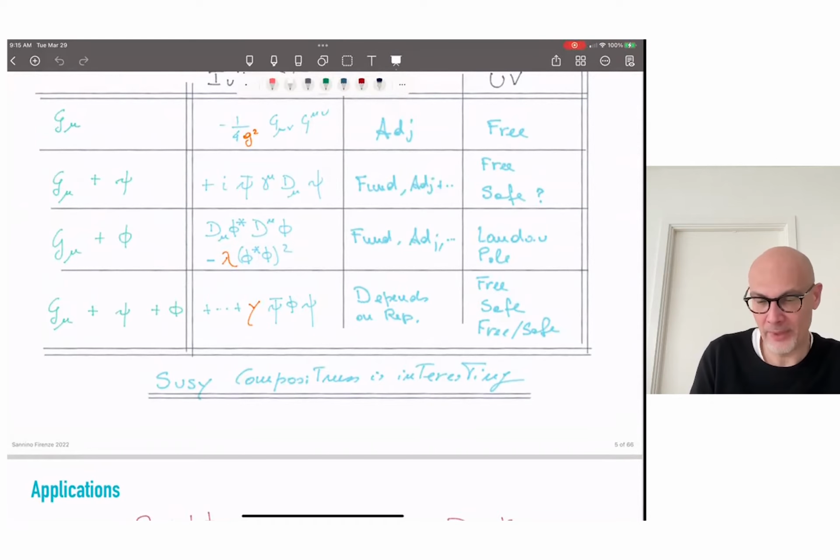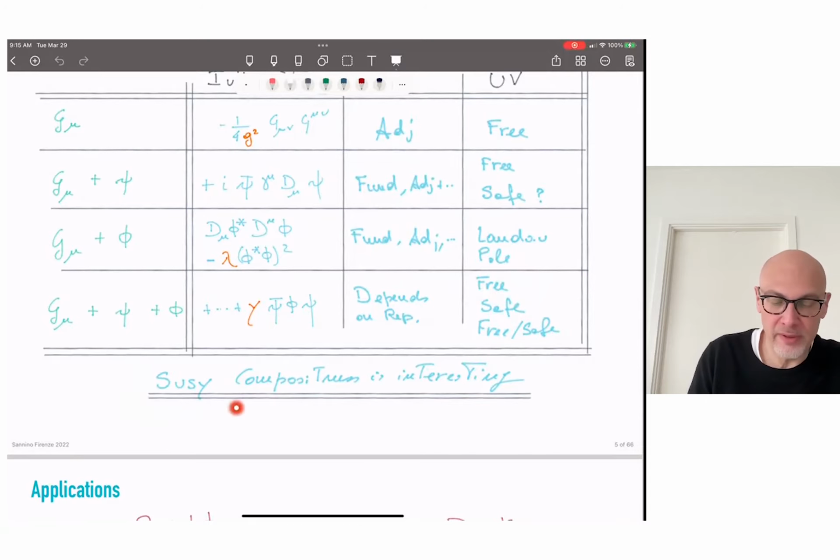And you can see that there are two accidental operators, the self-coupling of the Higgs and the Yukawa coupling. And this type of Yukawa coupling clearly depends on the type of representations you have, both for the scalar and the fermions. These theories have been shown, for example, to be either free or safe, or in principle could also be free and safe simultaneously, depending on what the different couplings do.